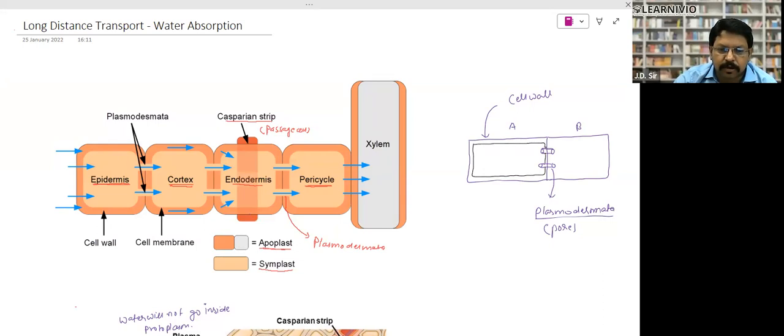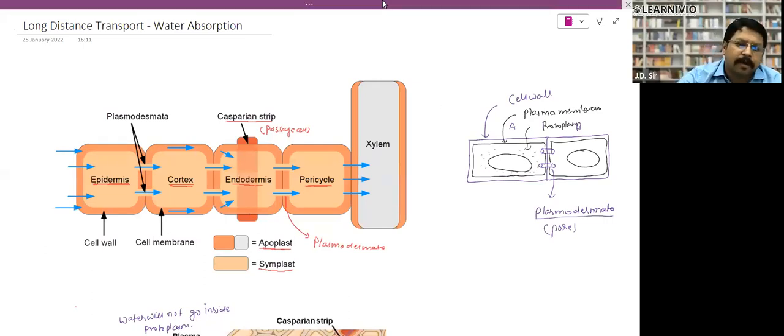So after the cell wall, there is another layer called the plasma membrane. And inside the plasma membrane, what is there? This is the protoplasm, right? Is that clear? Yes, sir. And this is the vacuole, the central vacuole.